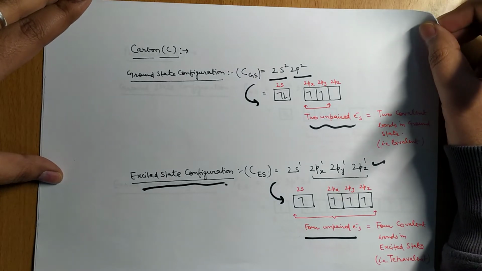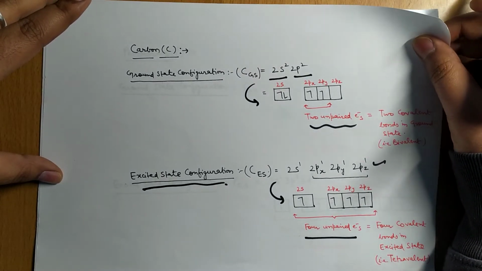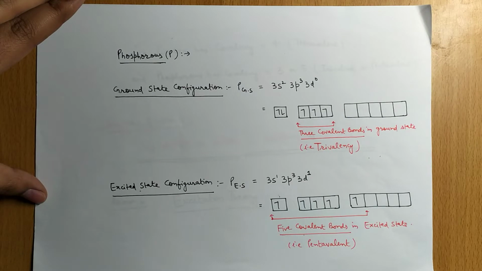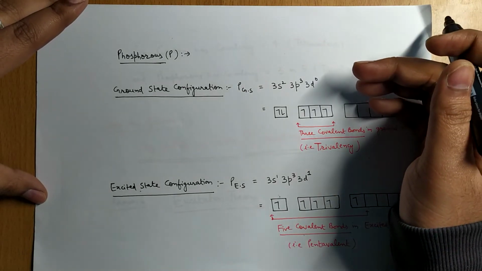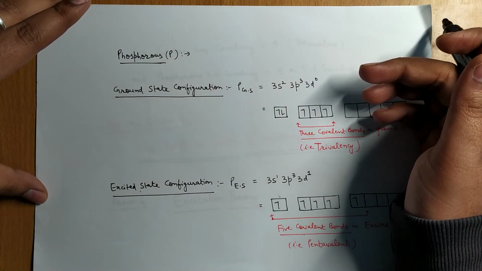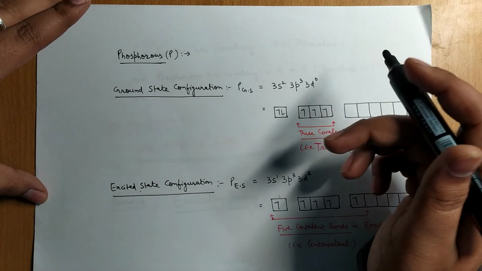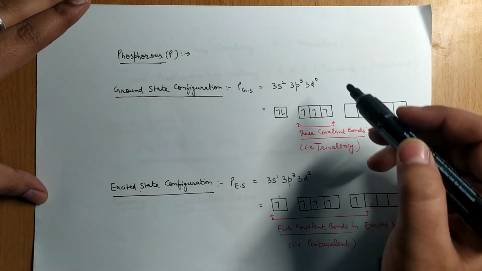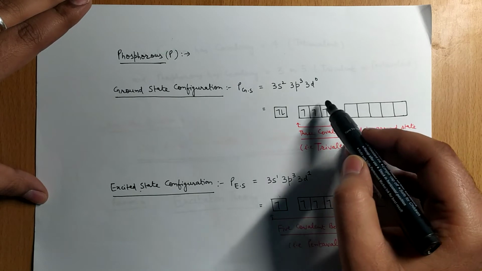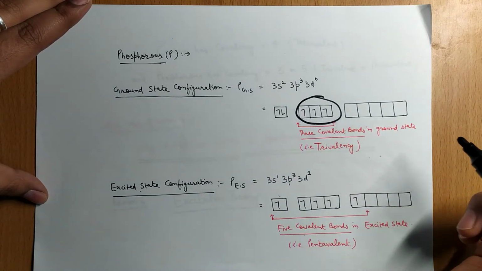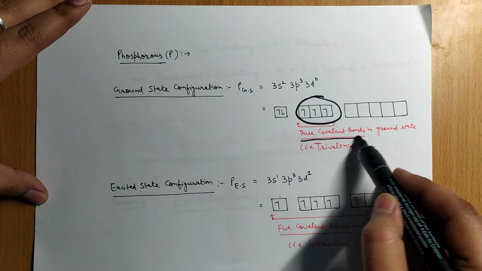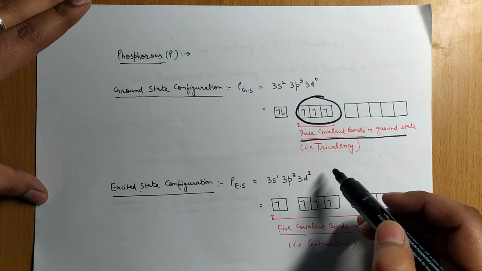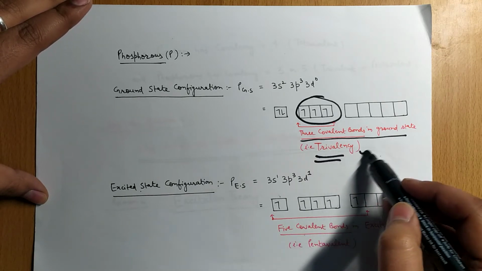Another example to explain this whole phenomenon is phosphorus. Similarly, I'll take its ground state configuration, which is 3s2, 3p3, 3d0. On arranging these electrons into their orbitals, it has three unpaired electrons in its ground state. That is, it will form three covalent bonds in its ground state, which proves its trivalent nature.